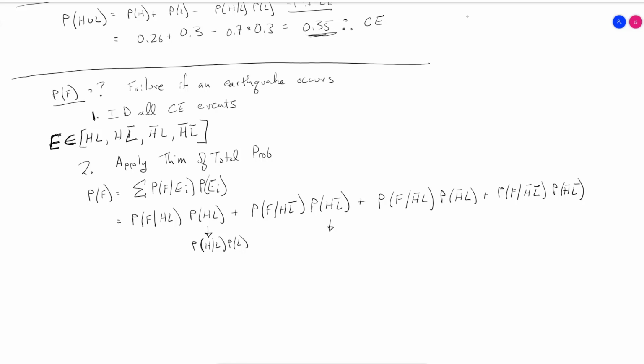This one, I'm going to flip this. So I'm going to say this is the probability of L and H. You can do that using the multiplication rule.